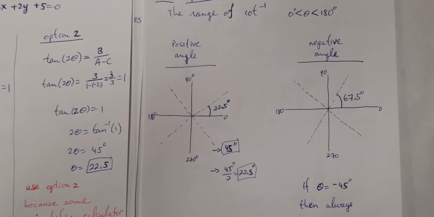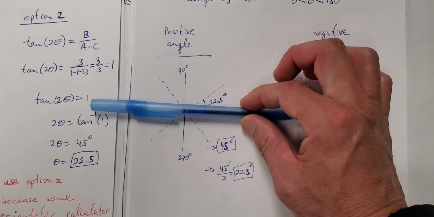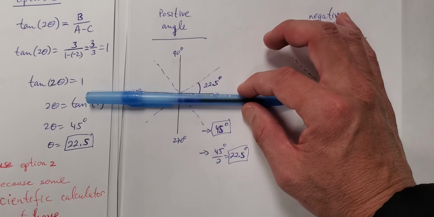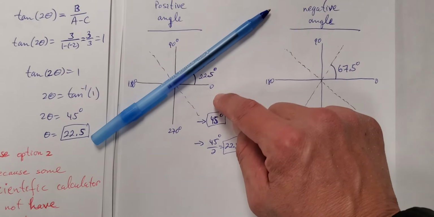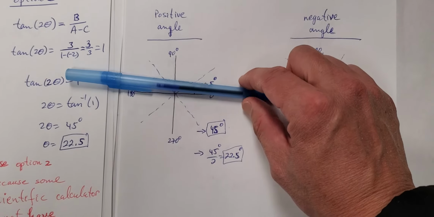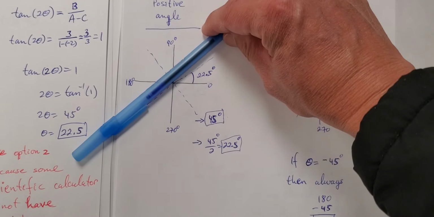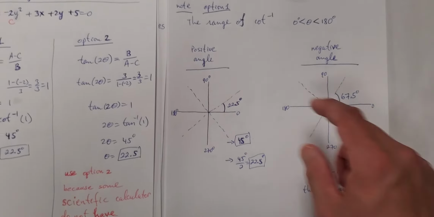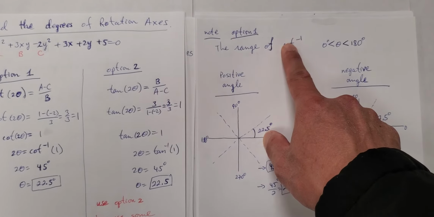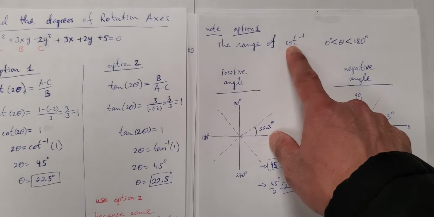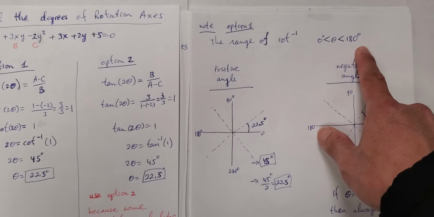So what does this mean? That means that your axis has been rotated at 22.5 degrees. It has been rotated just like this. So if you are using option number 1, you have to be very careful that the range of inverse cotangent is from 0 to 180.